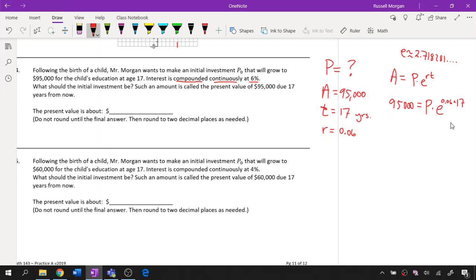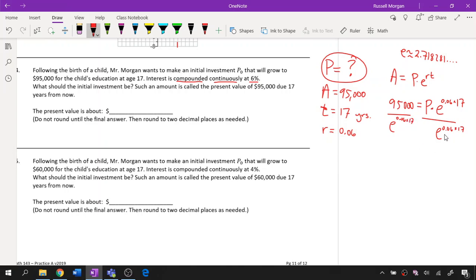And there we go. Well, we really can't just plug this in a calculator because we don't know what P is, but we do know what this stuff is. I want to find out what P equals, so I'm going to get the letter P by itself. Instead of multiplying with this e craziness, I'm going to divide both sides by e to the 0.06 times 17.